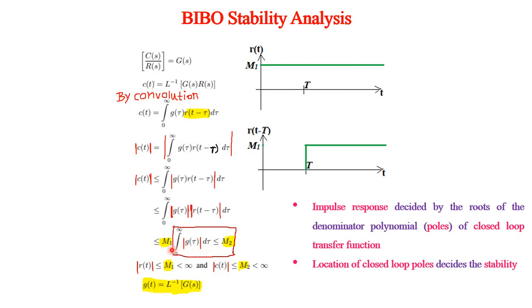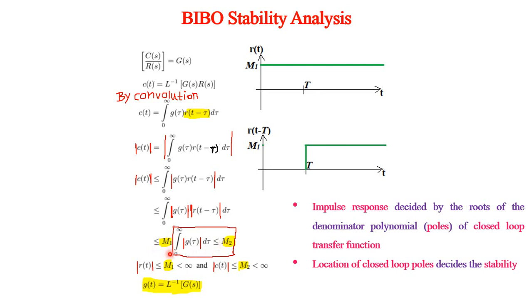Now, for this output to be bounded, this integration should be absolutely integrable, meaning that the integral 0 to infinity of modulus of g of tau d tau should be less than or equal to some value.